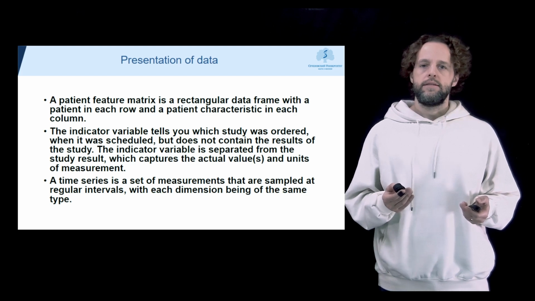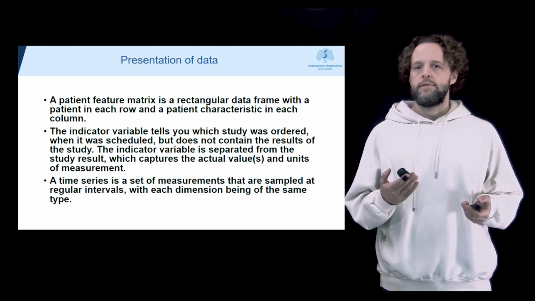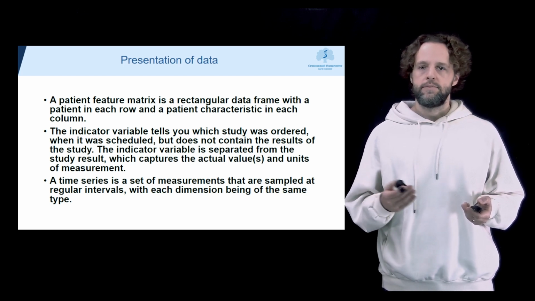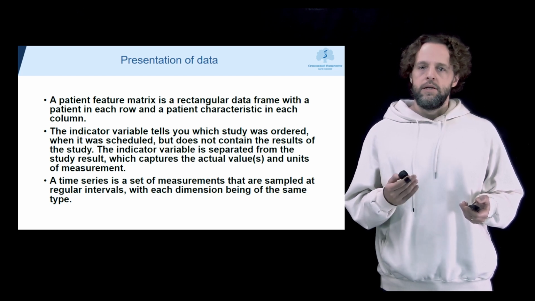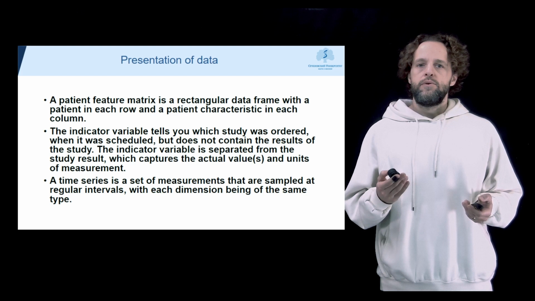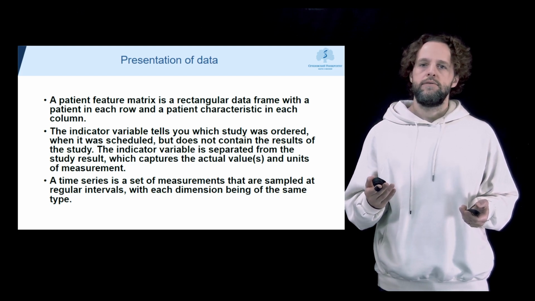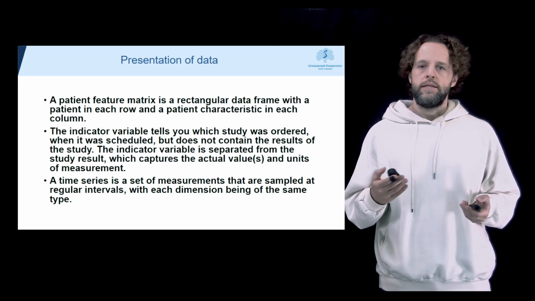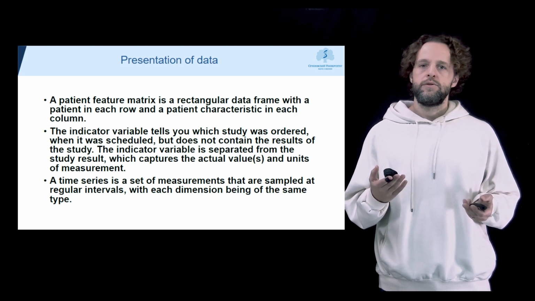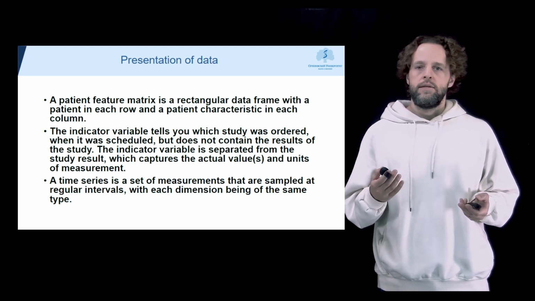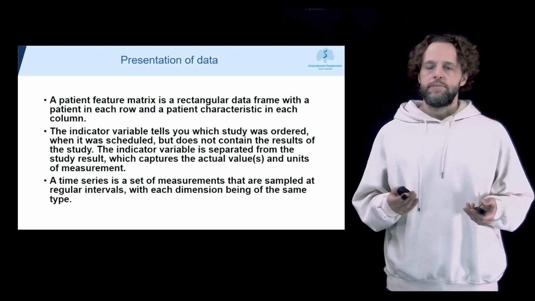A time series is a set of measurements sampled at regular intervals, with each dimension being of the same type. For example, telemetry or devices that record the patient's vital signs are formed into such data frames. They can also store the results of surveys of cell cultures in laboratories.